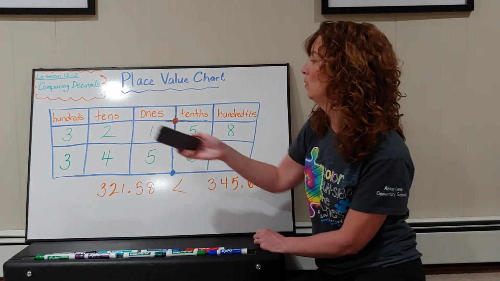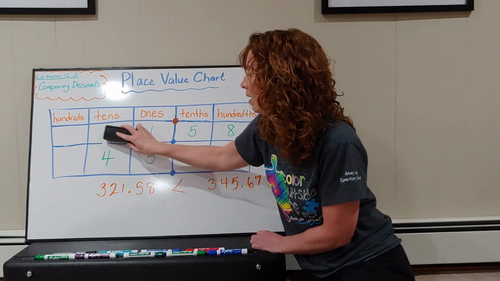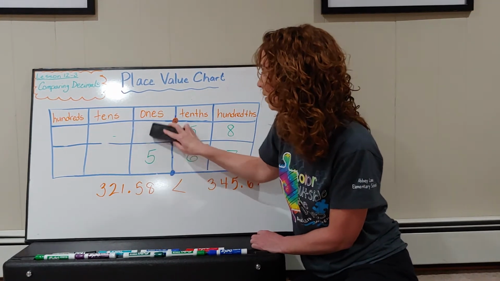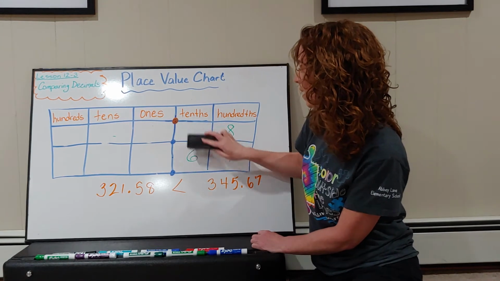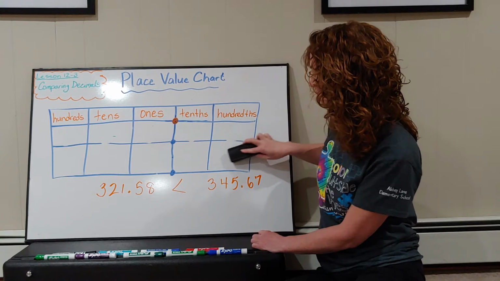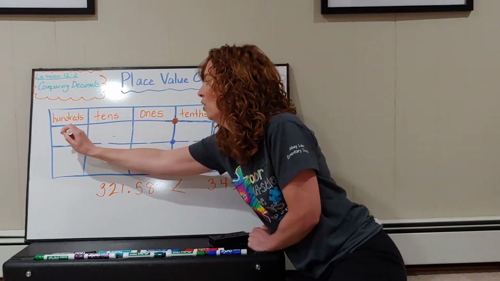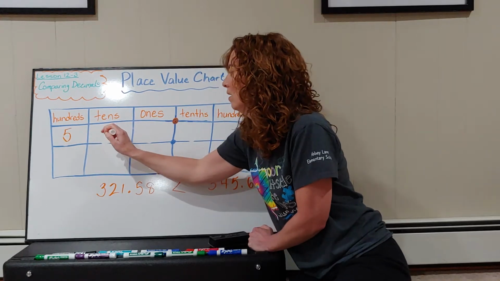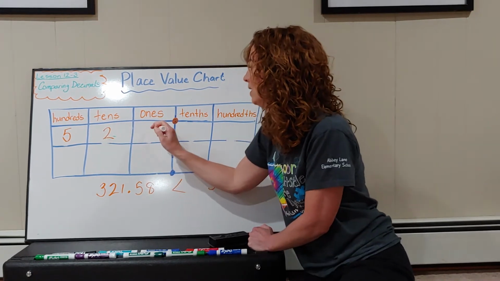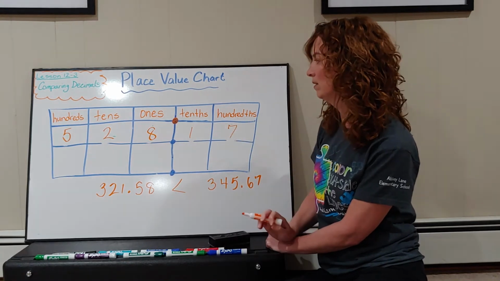So I'm going to change it up, and I'm going to make it a little bit different this time. So let's say we have 528 and 17 hundredths.